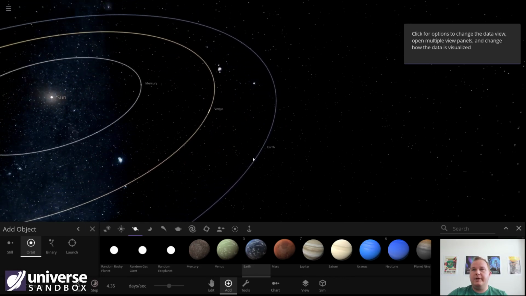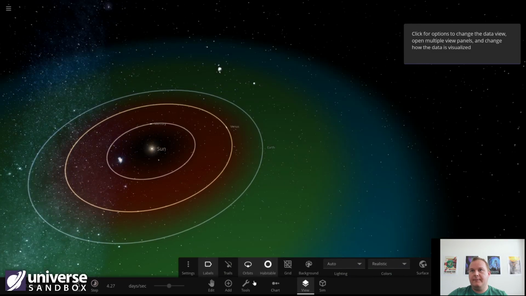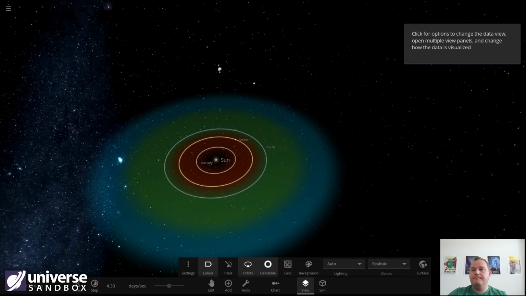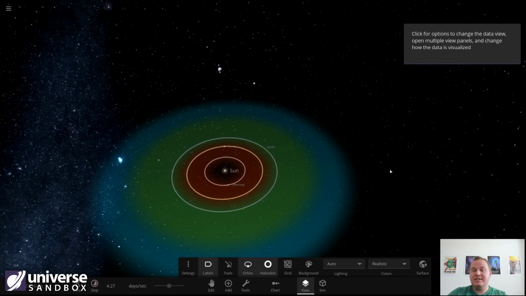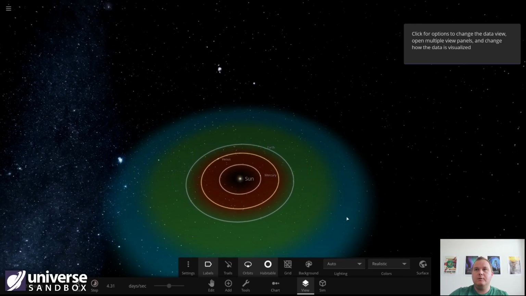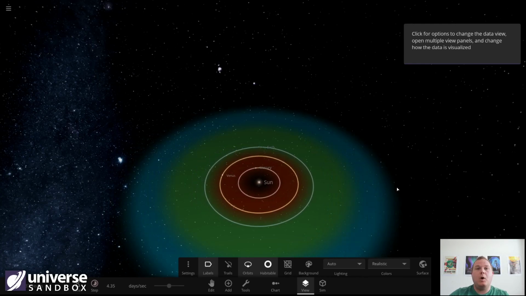Earth is at what we call just the right distance. We can actually bring up what's called the habitable zone of the sun. The habitable zone of a star, or the Goldilocks zone as it's often called, is the green zone here. That's the zone where the temperature is just right for liquid water.